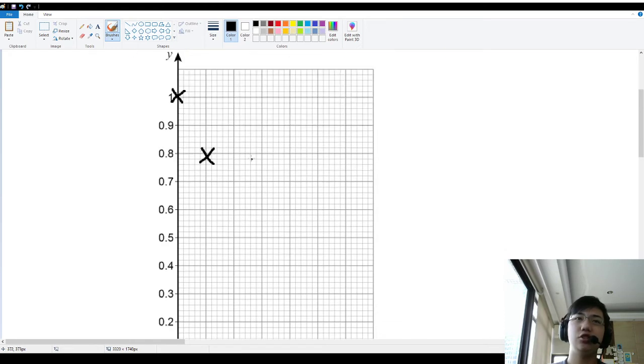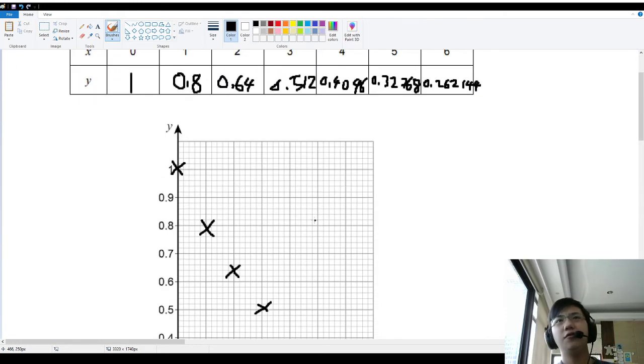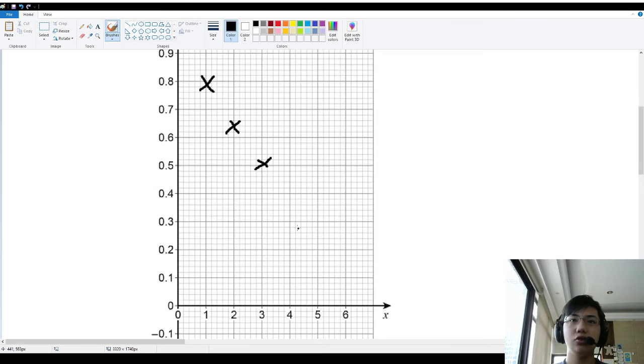The next point is 2, 0.64, then 0.512, which is around here, then 0.4096, which is around 0.4 here.